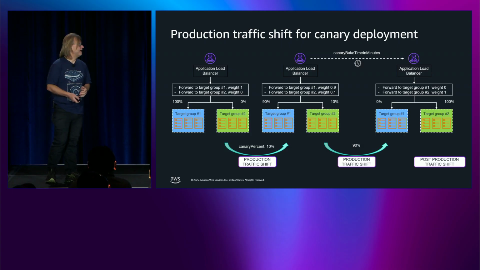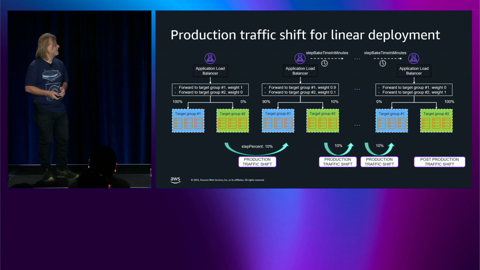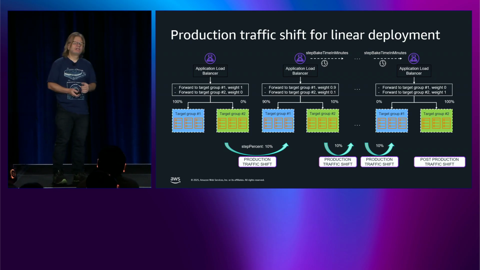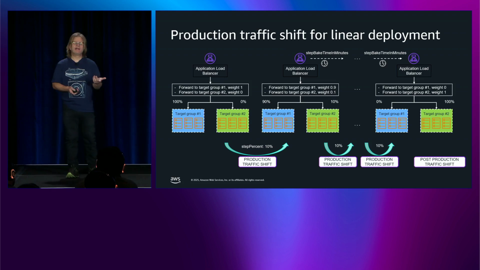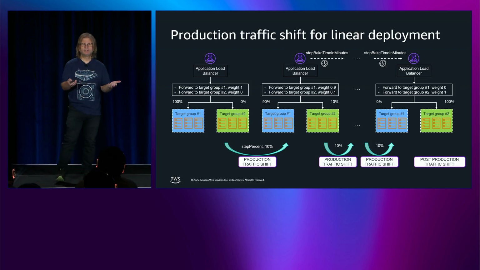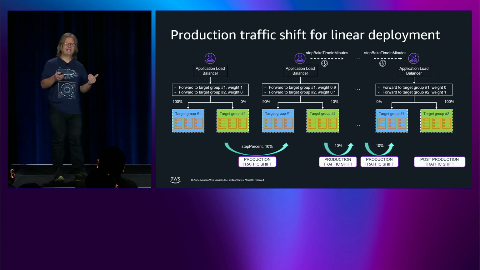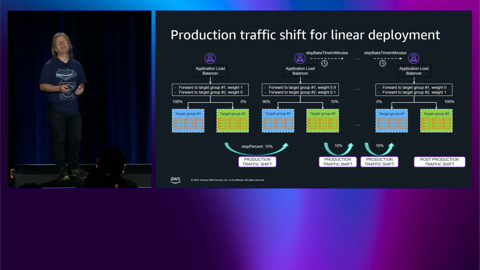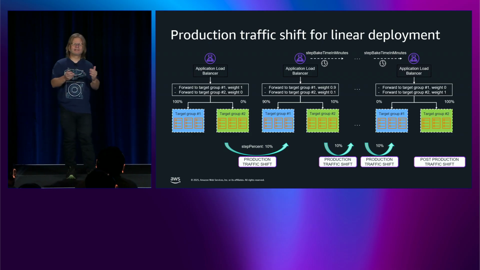In the case of linear, it's similar, but we have multiple steps, right? So you can use Canary and linear to achieve different objectives, right? In the case of Canary, if you had a situation where you wanted to do some testing of your new service revision with actual production traffic, you can do that with Canary, limiting your blast radius so that if things went wrong, it wouldn't hit you too badly.